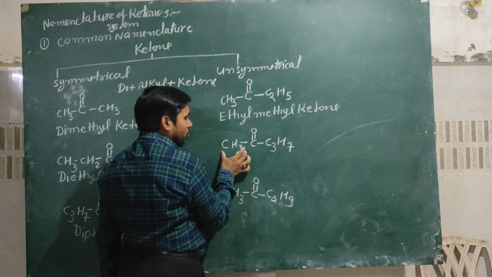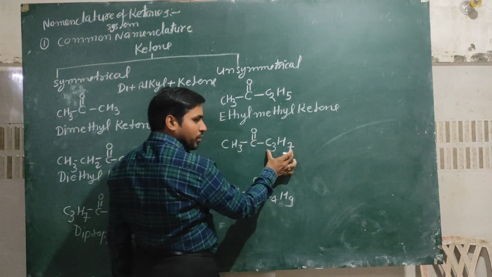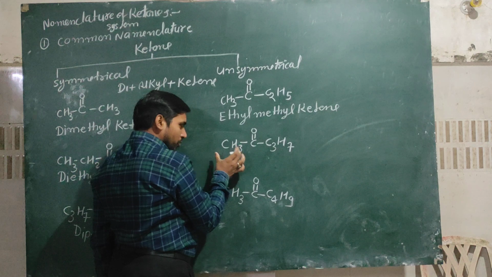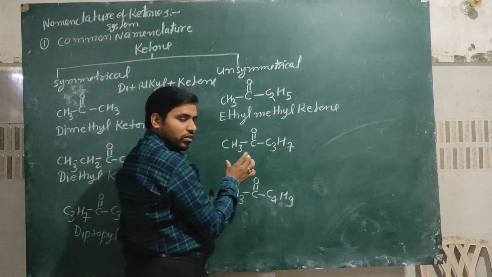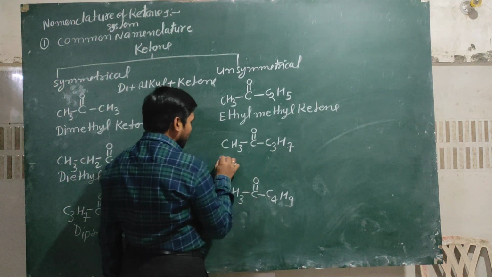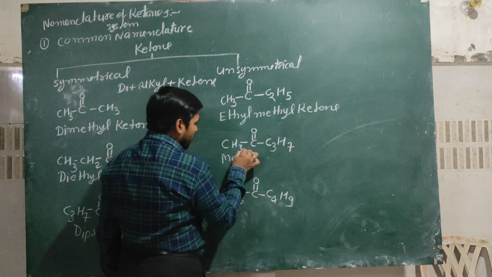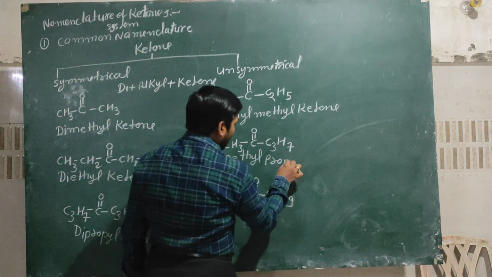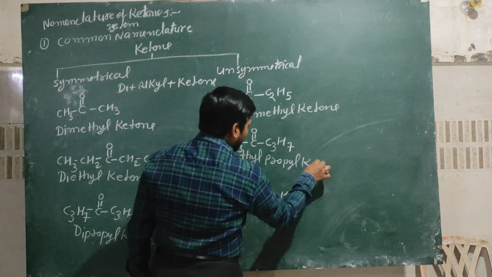One starts from M and the other from P, so in alphabetical order M comes first and then P. Then its name is methyl propyl ketone.